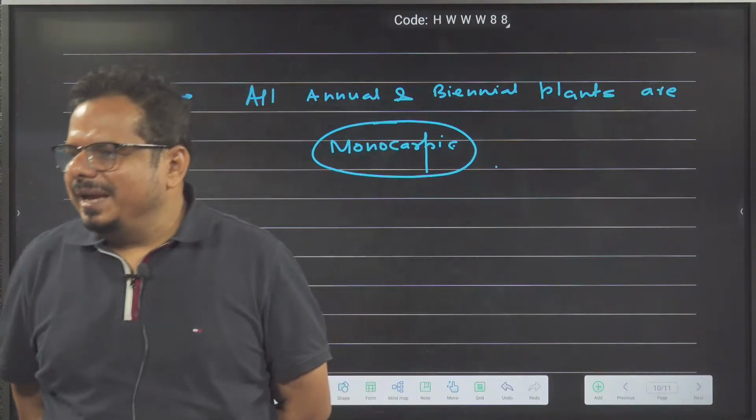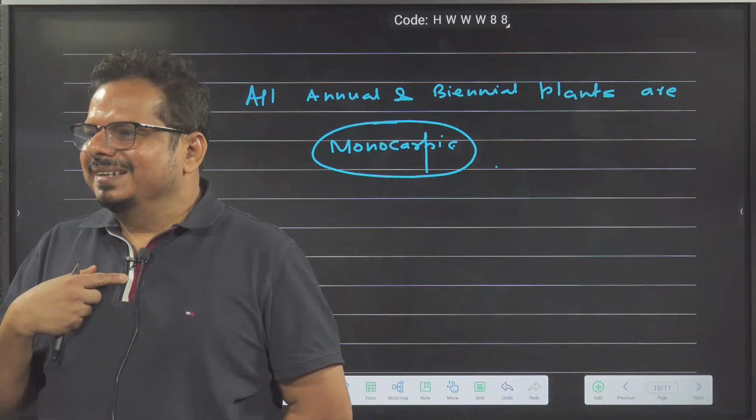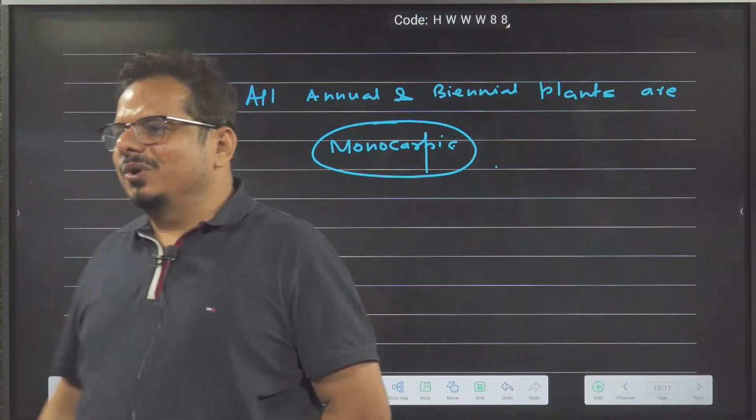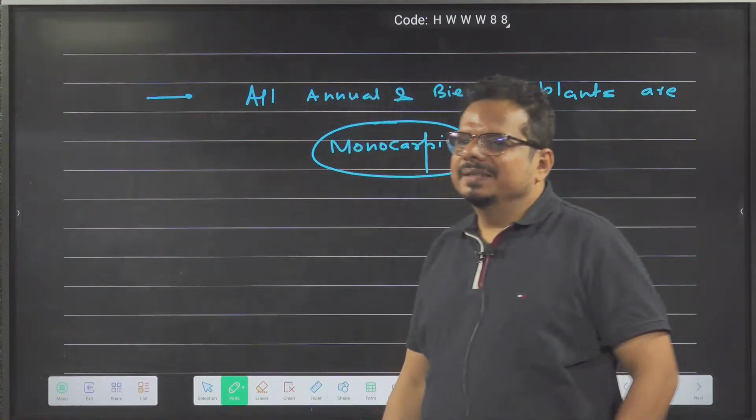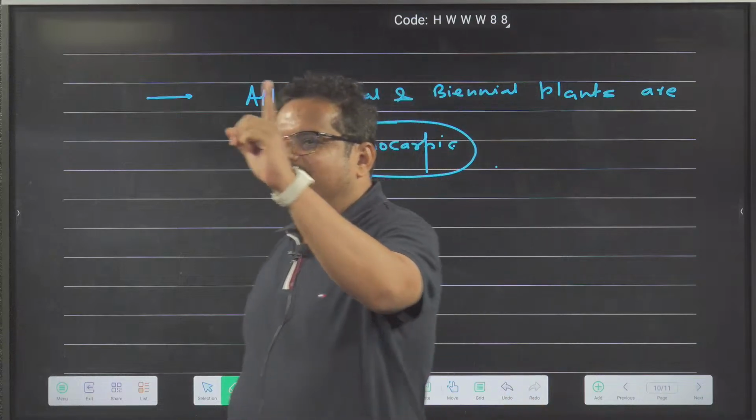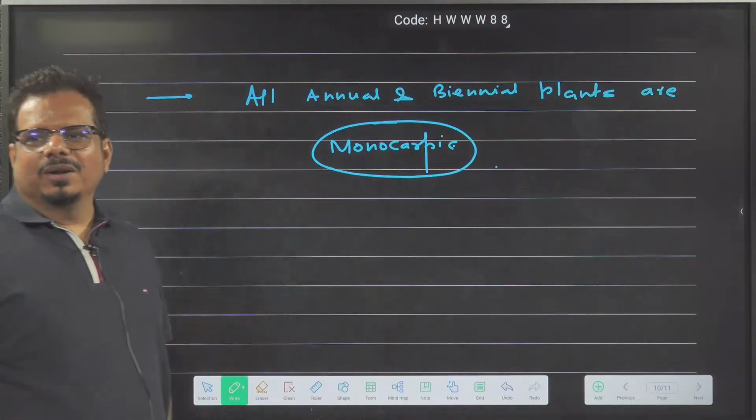An answer came from your side: one carpel. I am sorry, it is wrong. Monocarpic doesn't mean having one carpel or one pistil.